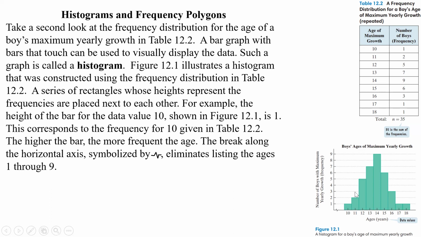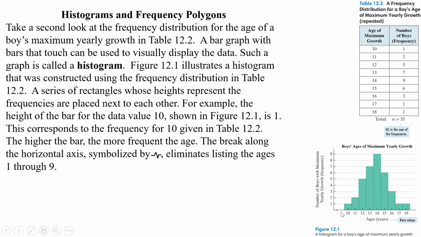With my drawing techniques, I didn't want to hand draw one of these, so I copied what was in the book. Each bar represents the frequency. These are the frequencies, these are the years, and this little break symbol keeps us from having to go from 0 all the way to 9.